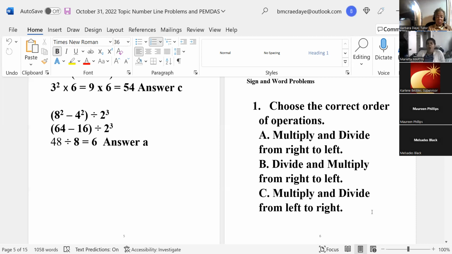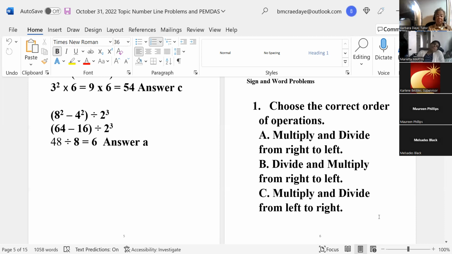But as I said, I thought this question was asking about one of the maths we just did. But if not, then the answer they gave is correct. No, you just got to read it just like it says. Choose the correct order of operations. Multiply and divide from left to right. Sometimes left to right, multiplication comes first.